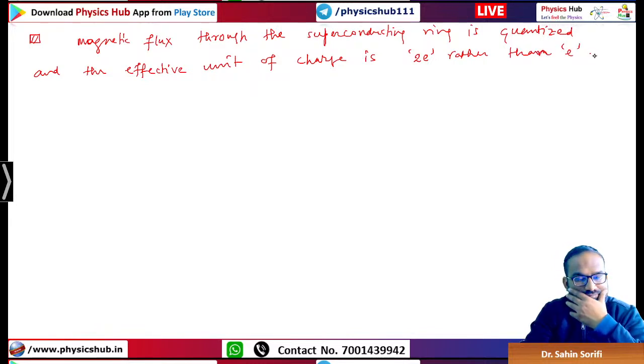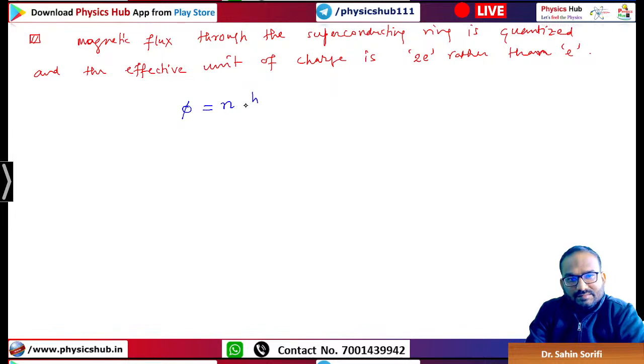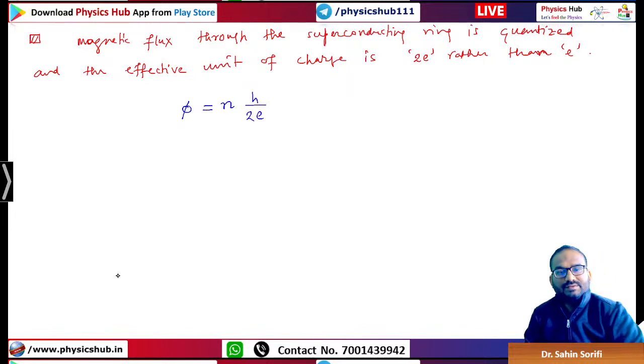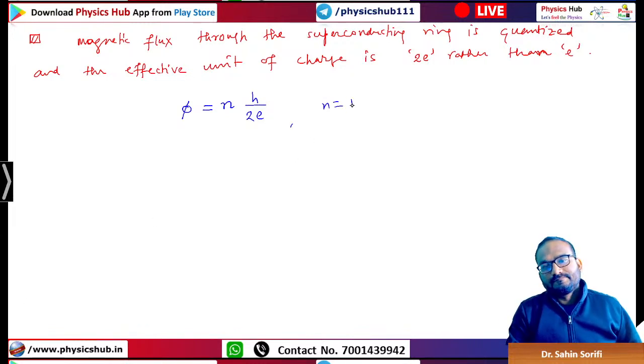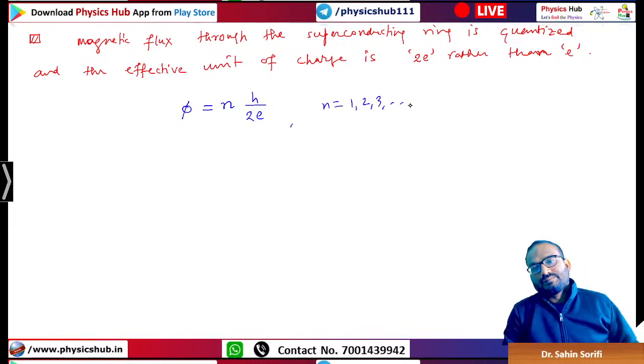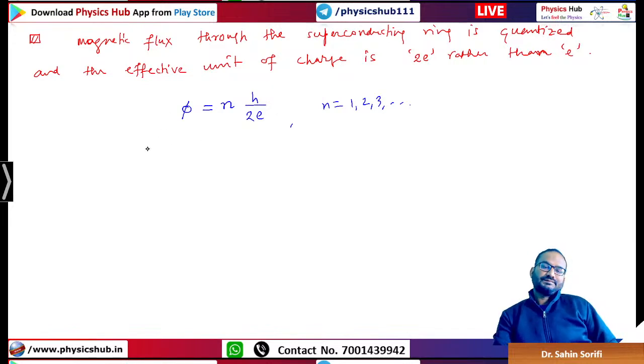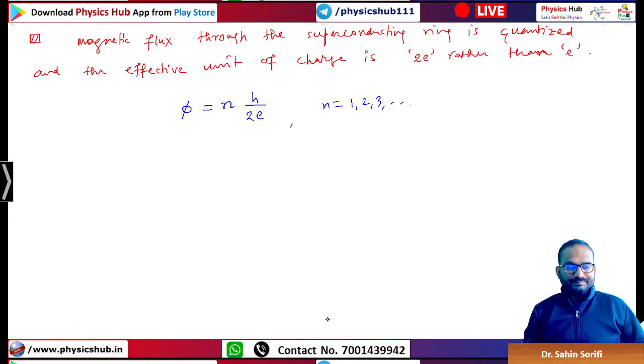So the magnetic flux phi is n times h by 2e. This is known as the fluxoid or fluxon.